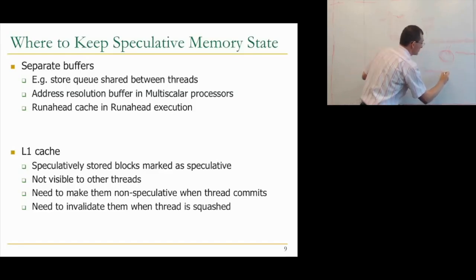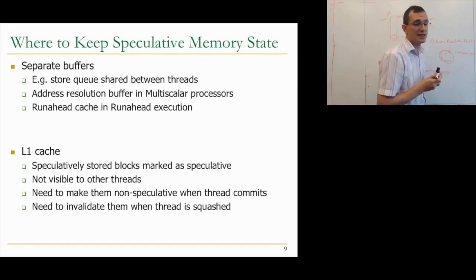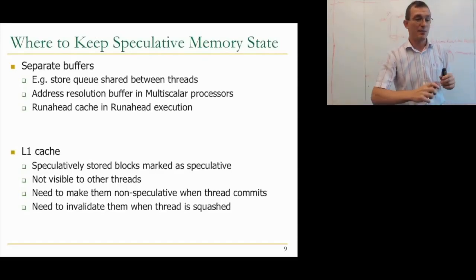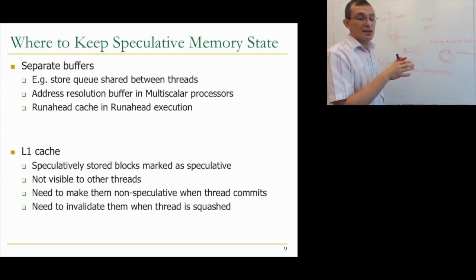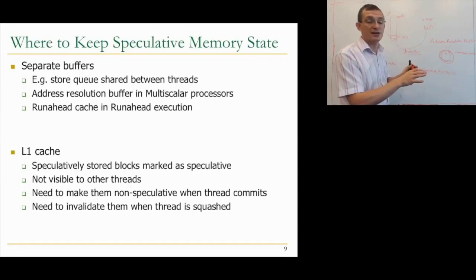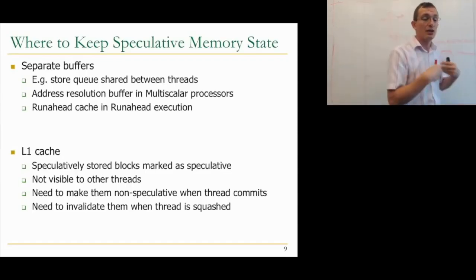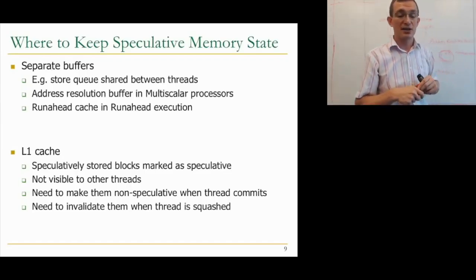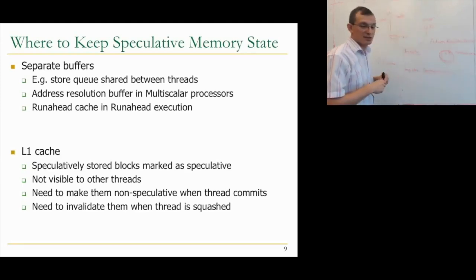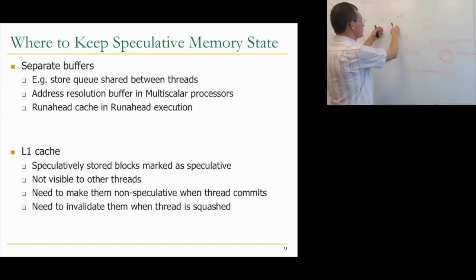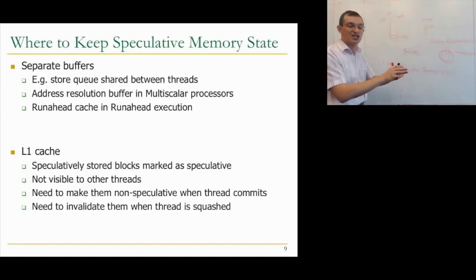You will see this example when we talk about thread-level speculation. This bit says that this cache block was speculatively written by this thread, and normally it is not visible to the other threads. You need to make the block non-speculative when the thread commits, and invalidate it when the thread is squashed. Basically, you're putting the store buffer into the cache and integrating it with the cache.